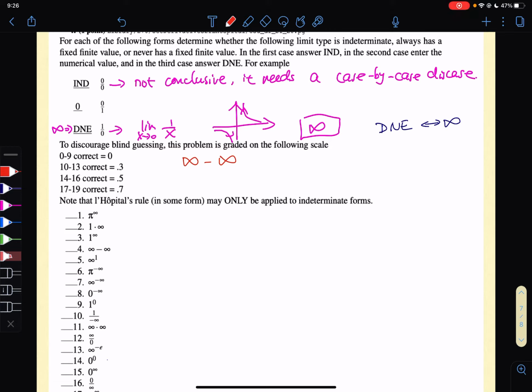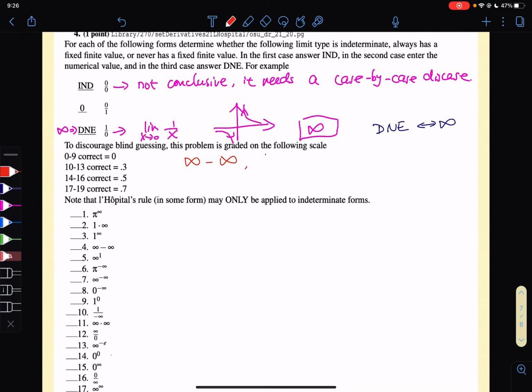There are similar things, and we reminded you about this when we talked about L'Hopital's rule, and that's exactly why we need to do further discussion, because those structures are not defined. For example, we don't know what 0 over 0 is. We need to discuss it more carefully. Infinity over infinity, we have no idea what that is. 0 times infinity, we don't know what that is, so that's why we need to rephrase it and solve it with the help of L'Hopital's rule if that's a type of limit question.